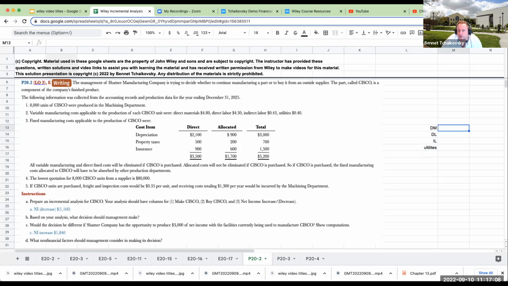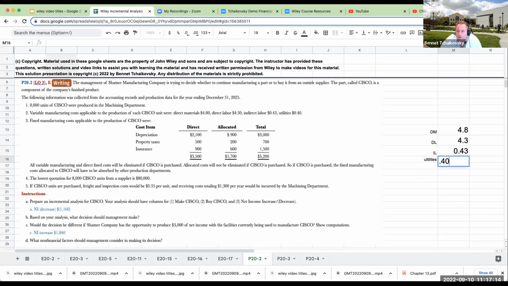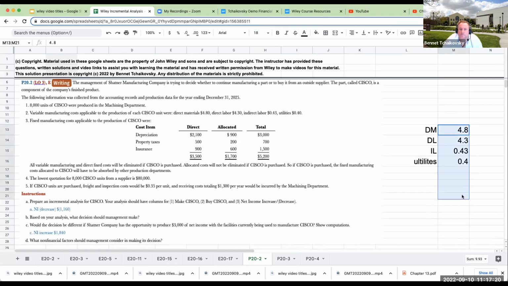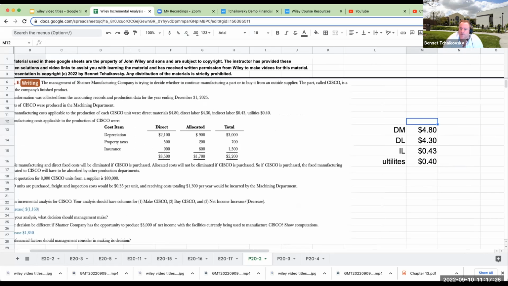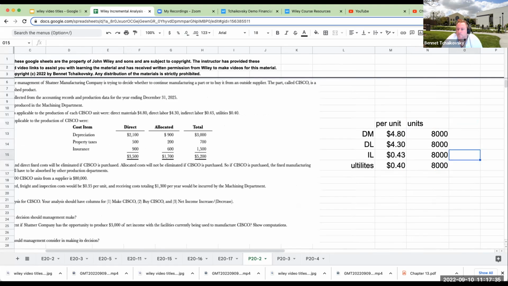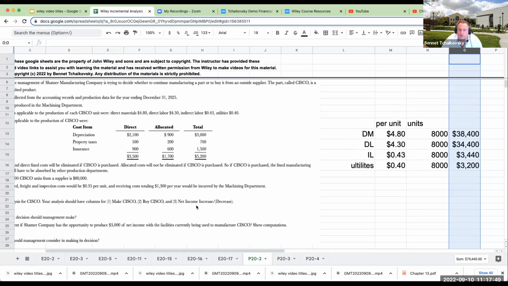And over here, this is going to be 480, 430, 43, and then 40 cents. Okay, so right over here, these are the direct costs.